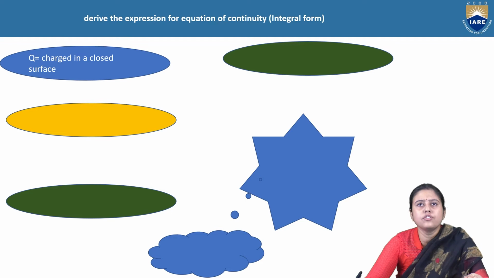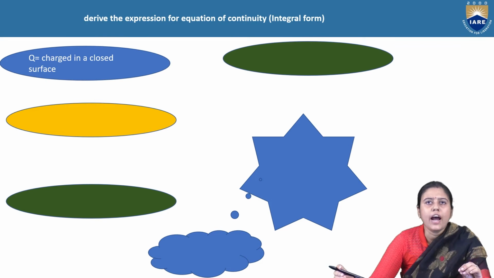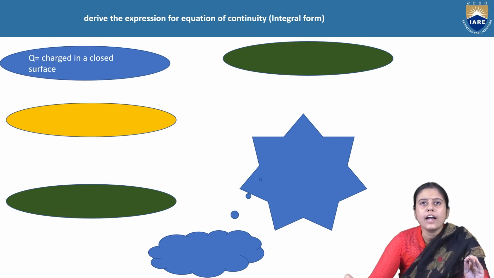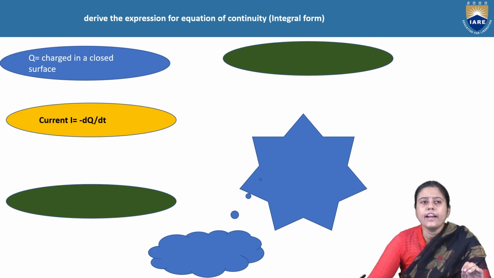First we assume that there is a closed surface and in the closed surface some charge is confined. What is the value of the charge? The charge value is Q. What is current? We know the flow of electrons is known as current. Though we talk about positive current and negative current, proton never flows, only electron flows.